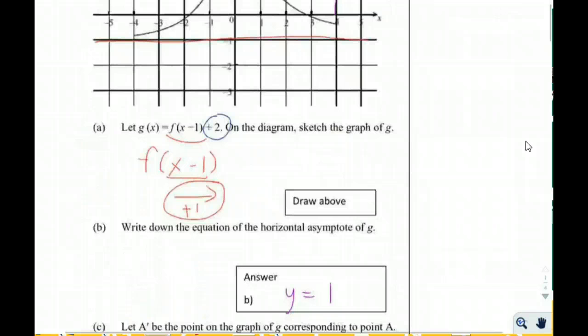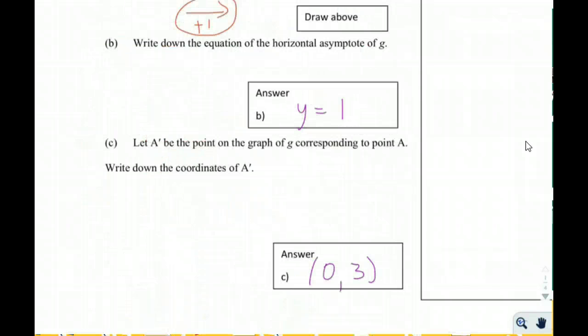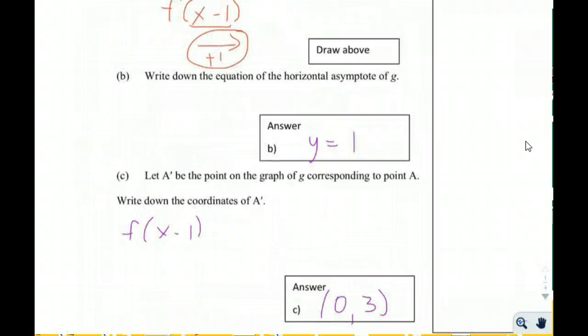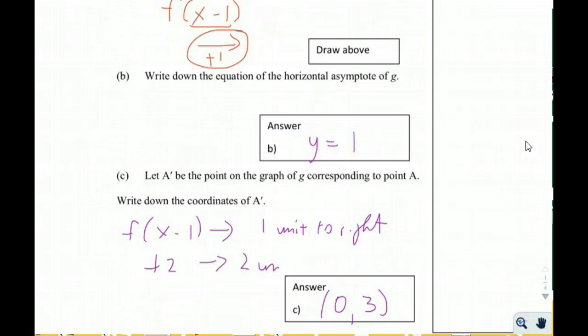Remember, f of x minus 1 means 1 unit to the right, and plus 2 means 2 units up.